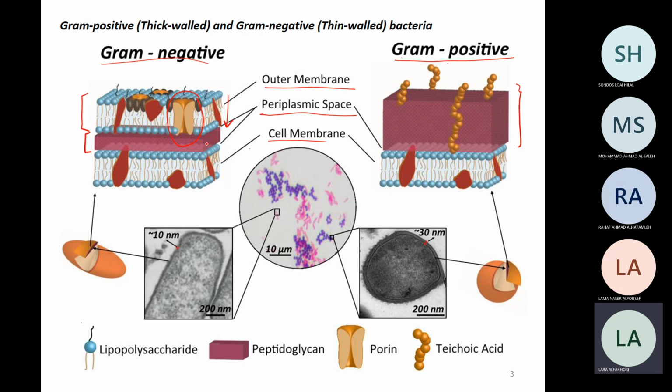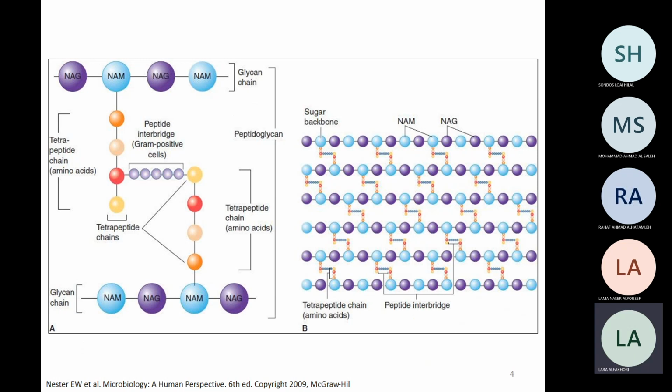Okay, the changes اللي انعملت بالstructure allowed those penicillins to enter through the porins and get to the periplasmic space where they were able to interact with the enzymes involved in cell wall synthesis. Okay? طيب. هلا the cell wall, all right, is composed of a peptidoglycan.